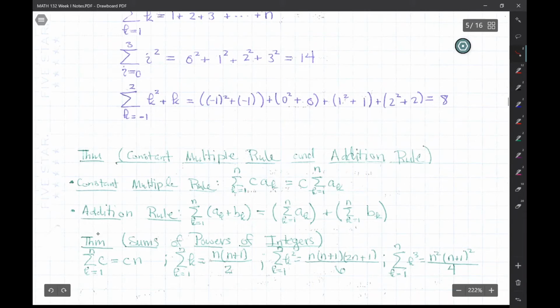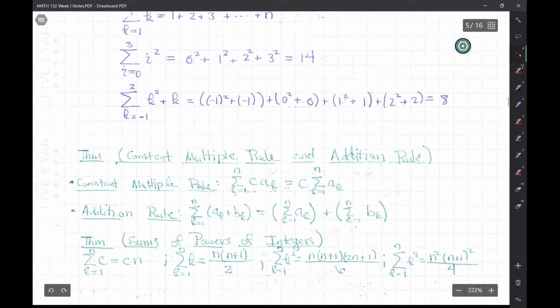We also have the addition rule. Here we have the sum of these two expressions of k, or functions of k. And we could then, if you will, distribute that sigma to each of these. So the sum of the expressions a sub k plus b sub k is equal to the sum of a sub k plus the sum of b sub k.